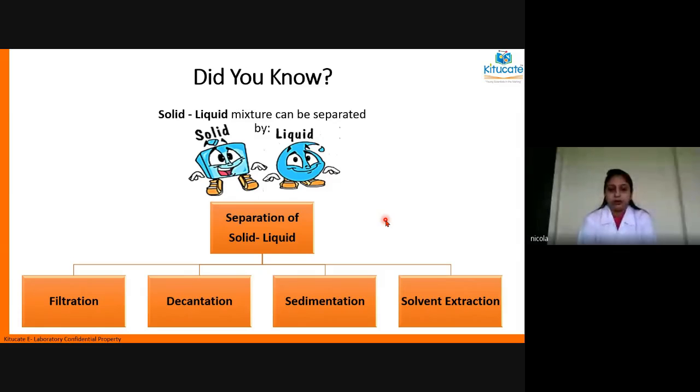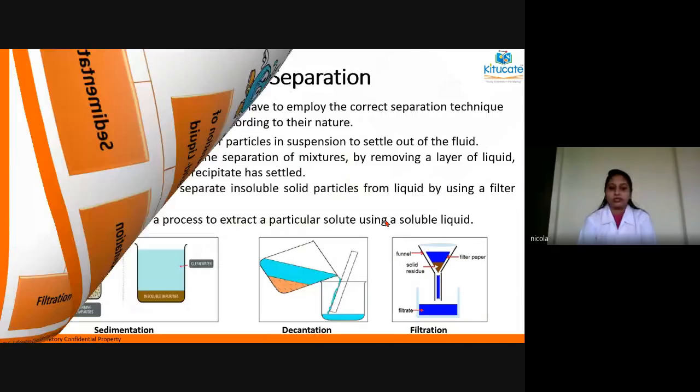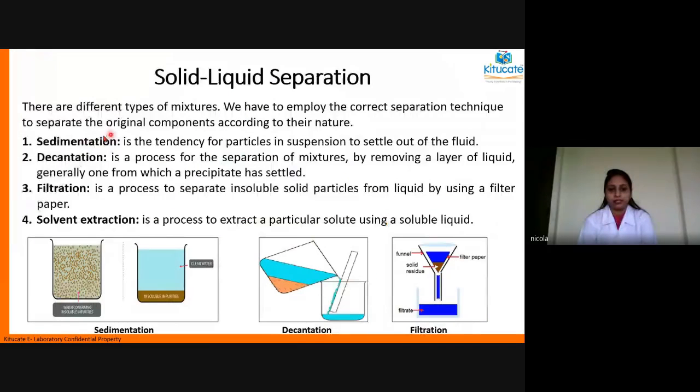So we can move on to the first process of separation, that is sedimentation. Now, what is sedimentation? For example, if you take a mixture of sand and water in a container and you stir the mixture. After some time, you can see that the sand particles settle at the bottom and form a separate layer from the water.